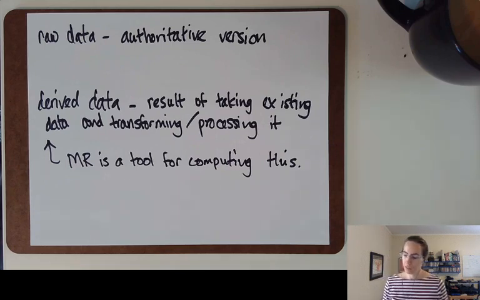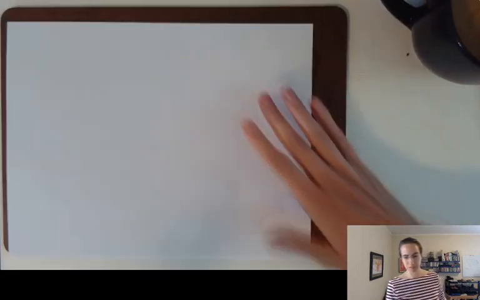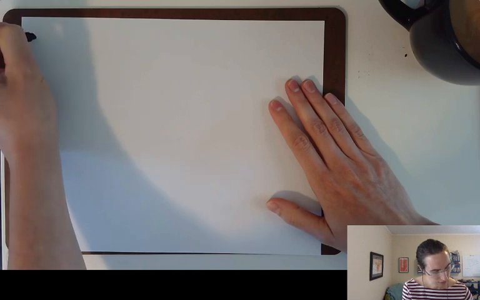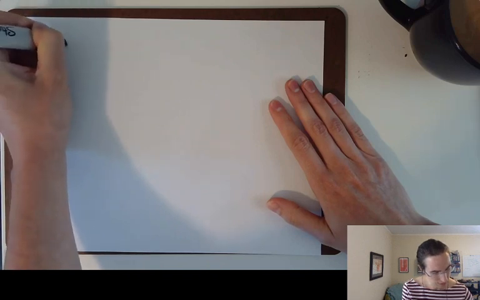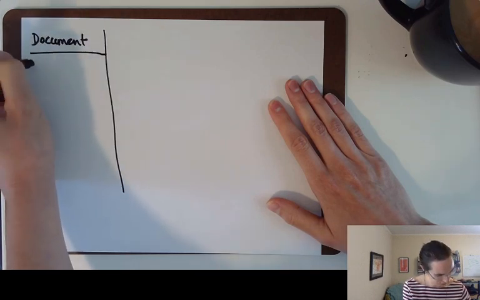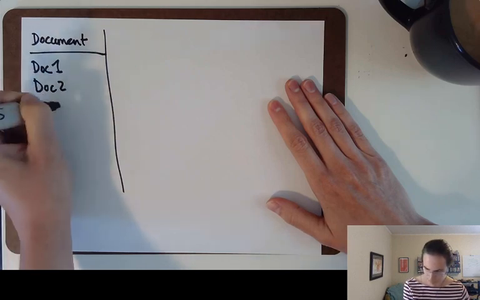Okay, so let's talk about search engines. So a search engine is trying to index everything on the web, right? Or as much of it as it can. So the crawler goes out and gets a whole bunch of documents. And we end up with a list of documents, right? So we have document 1, document 2, and so on.